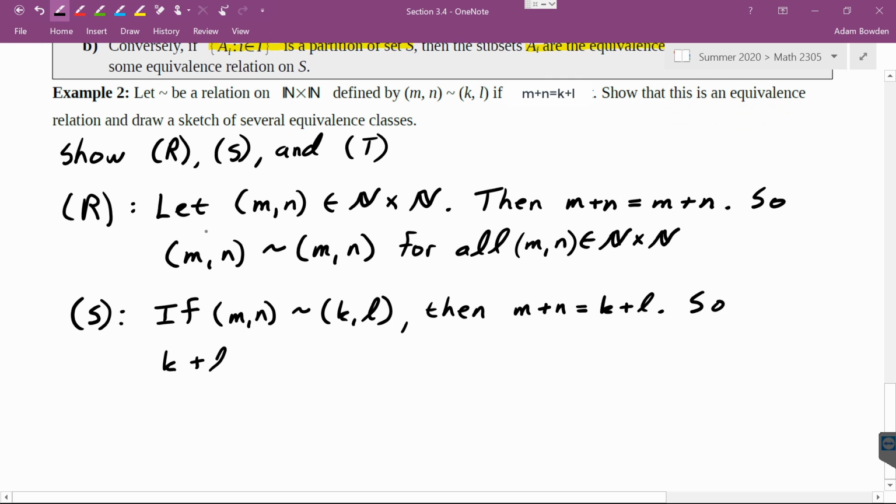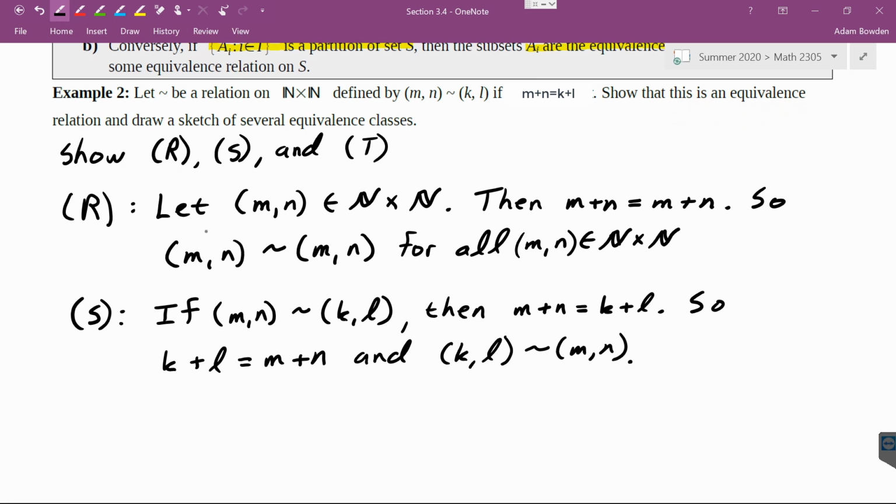So we can say that k plus l is equal to m plus n. And as a result, k, comma l is related to m, comma n. That demonstrates that we can start off with m, comma n related to k, comma l, and as a result flip it around the other way.